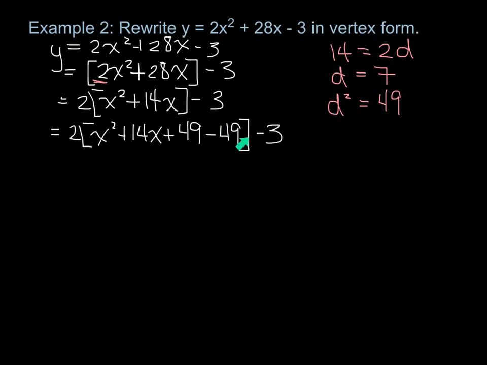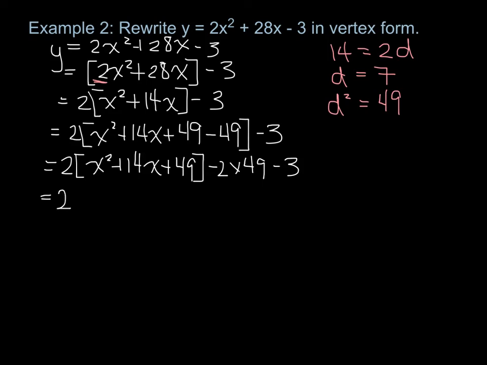Because this is inside the brackets, and BEDMAS tells us we must multiply it by 2 before we can do any addition or subtraction. So let's make sure that that gets put outside the brackets properly. 2 times x squared plus 14x plus 49 minus 2 times 49 minus 3.